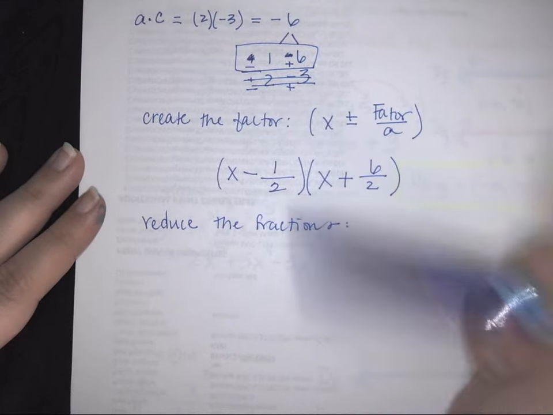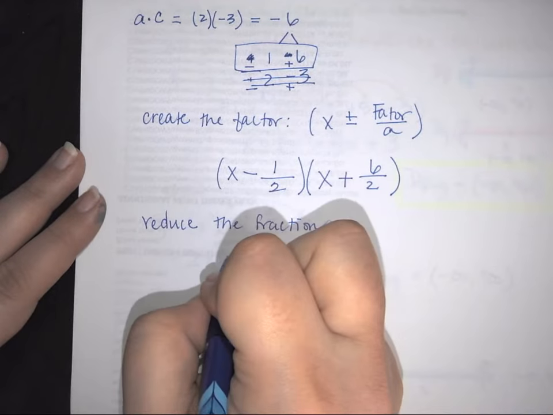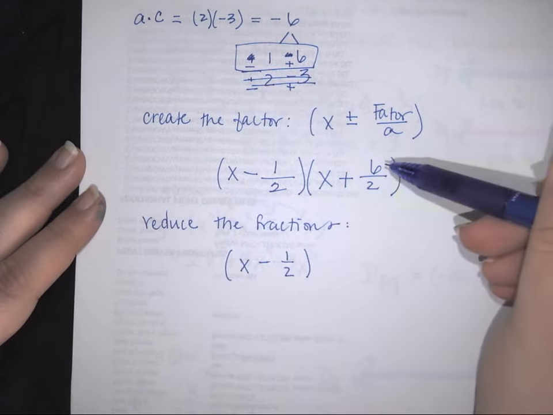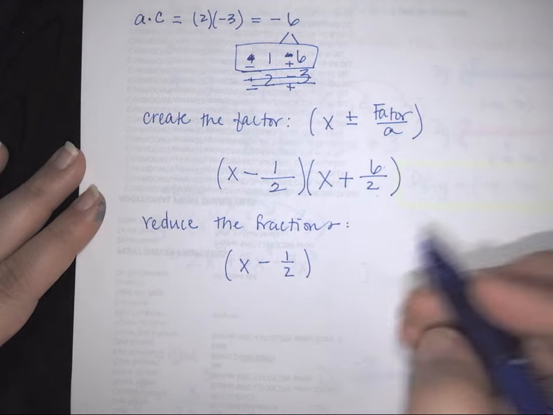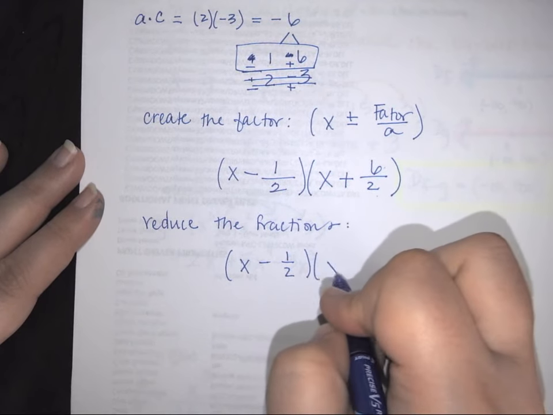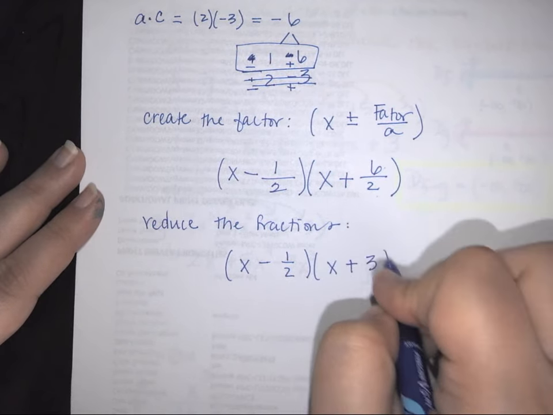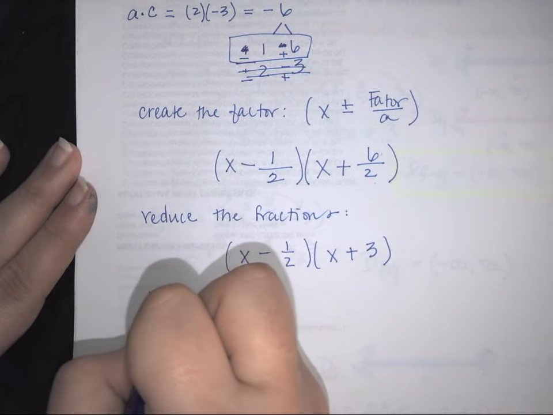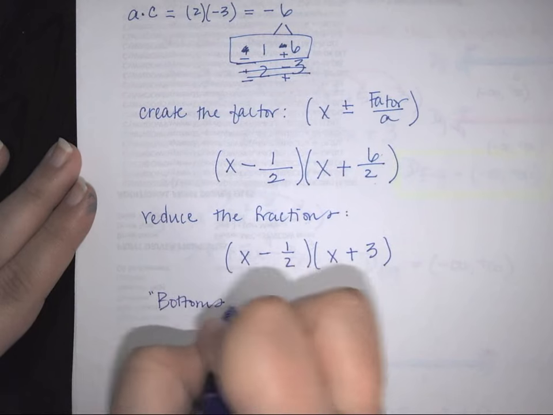So 1 over 2 does not reduce, so this is still going to be x minus 1 half. But 6 over 2 does reduce. 6 over 2 becomes 3, so this is x plus 3. The last thing you have to do is the bottoms up.